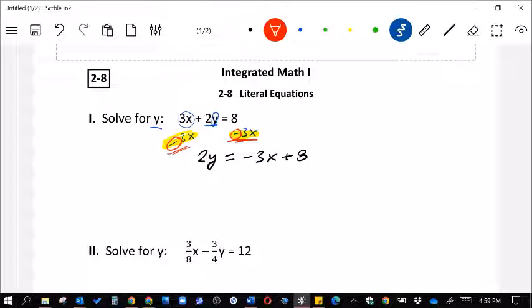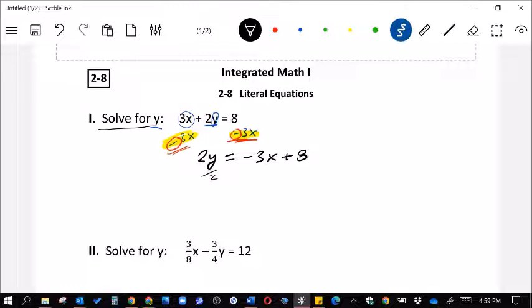The second thing is if you have just y and x, put the x term right after the equal sign, because that puts it into y equals mx plus b order, or the slope-intercept form, which is useful in graphing. So in this case, by putting it right there, it'll already be in that form. If you're just told to solve for y, then putting the negative 3x after the 8 would still be acceptable, but it's better this way.